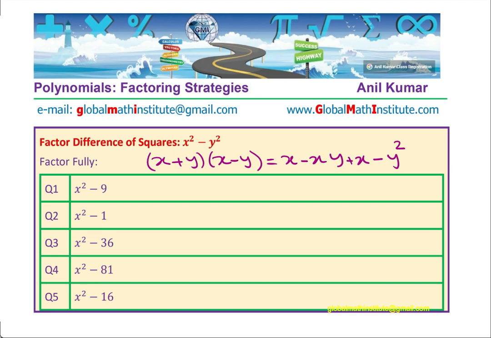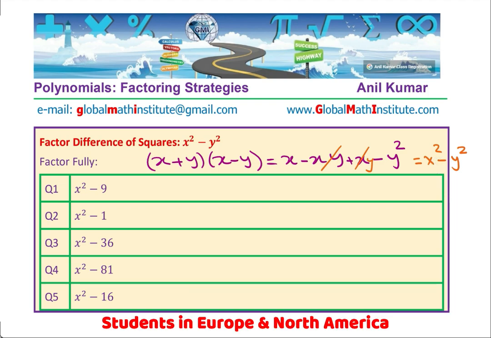And clearly, plus xy and minus xy get cancelled. And what you get is x squared minus y squared. So basically, difference of squares is product of sum and difference, correct? So that is the rule.